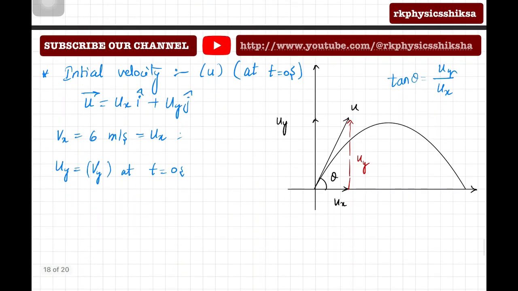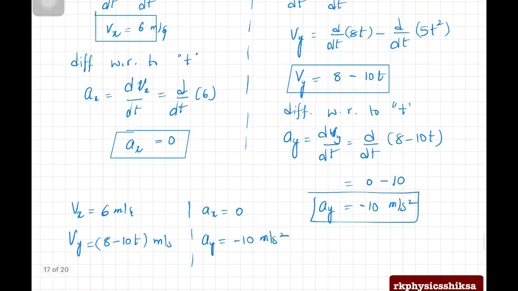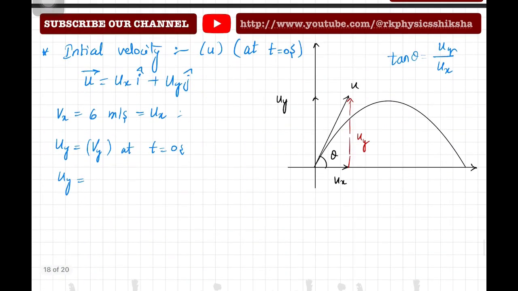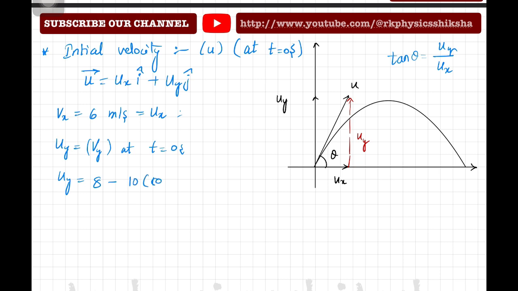The velocity at any instant t, we got as 8 minus 10t, but at t equal to 0 seconds it is the initial velocity. So substituting 0, I get uy as 8 meter per second, and ux as 6.